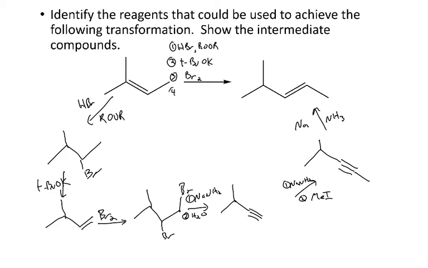So 4 will be NaNH2. Then we'll react it with water. Then we'll do the terminal alkylation with methyl iodide. And then finally, the dissolving metal reduction. All right, I've got one more example on the next slide.